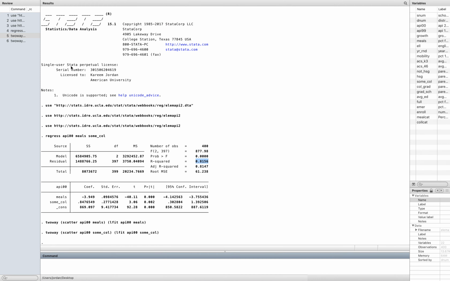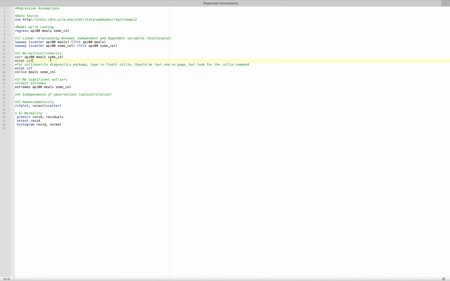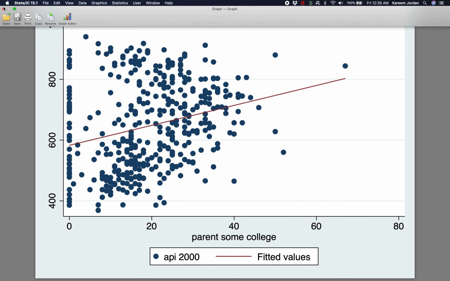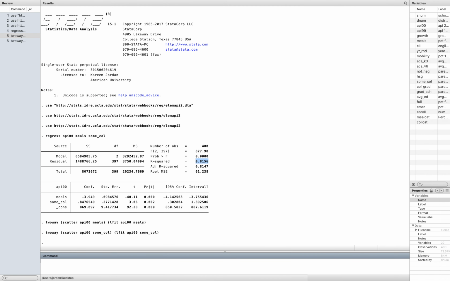So let's look at this. There's a couple ways of doing this. All right, let's actually get rid of this. All right. So if you do CORR, that's correlation. I put API 00 just so you can put the outcome in there, even though it's not needed.